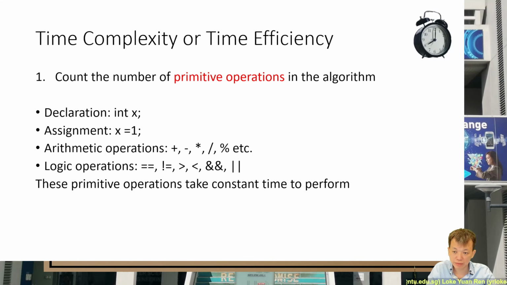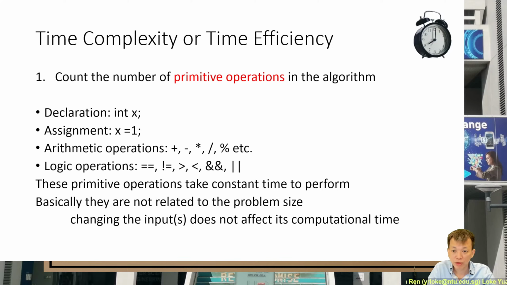Typically, for all these standard primitive operations, how much time each operation takes is not what we are concerned about. We are more interested in how the problem size affects the number of primitive operations.